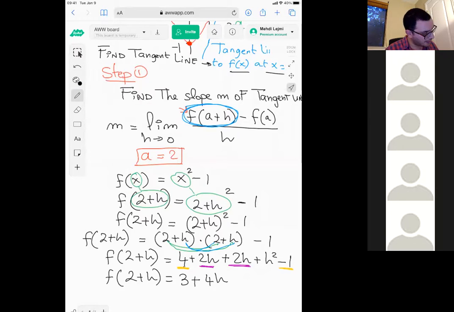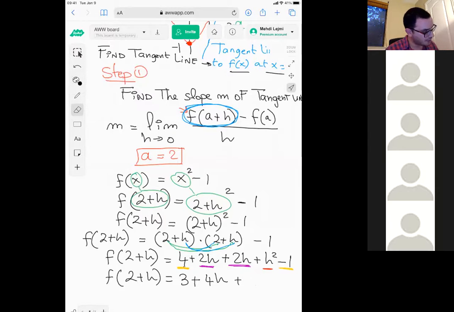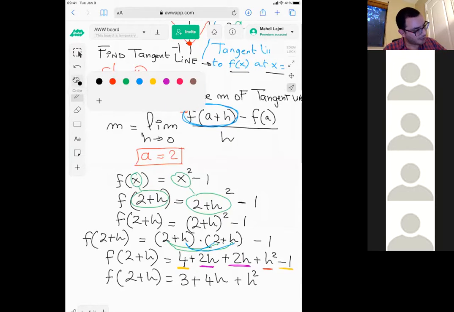And then there is h squared left, so plus h squared right here. All right, so that's f of 2 plus h. That's the first thing to compute here, this f of a plus h.